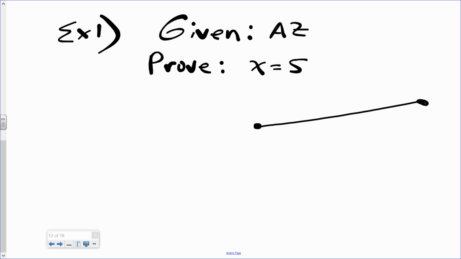Actually, for given, I'm going to write AZ is equal to 50. We're going to do a two-column proof. And let's go. What do you think?